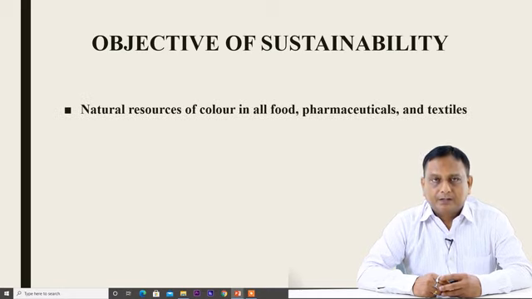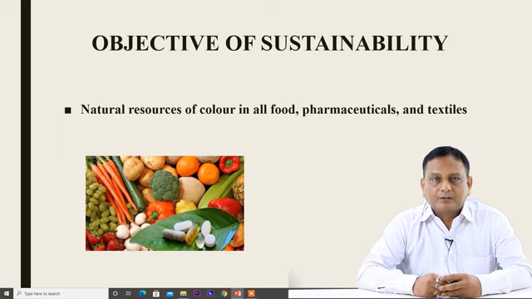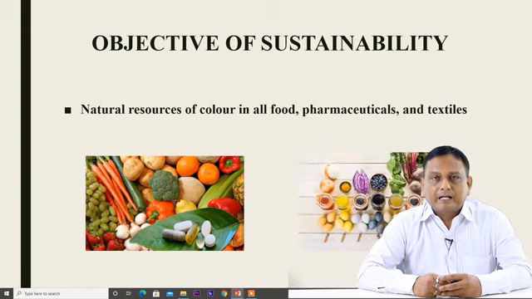Natural resources play an important role here. Natural sources of color are used in the food industry, pharmaceutical industry, and also the textile industry. There are different natural products, fruits and vegetables, abundant in nature, which can be extracted by a proper procedure to get the dyestuffs or biomolecules out of them.